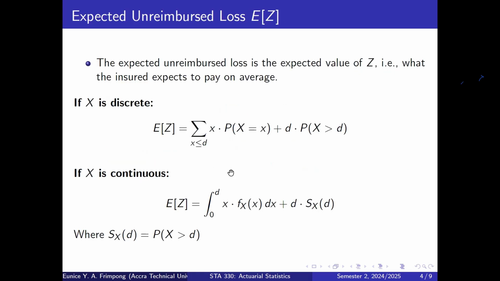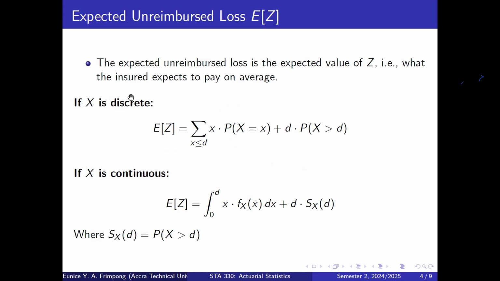Now let's introduce the expected value of the unreimbursed loss, Z, denoted by E of Z. This tells us, on average, how much the insured expects to pay out of pocket. We compute it differently depending on whether the loss variable X is discrete or continuous.